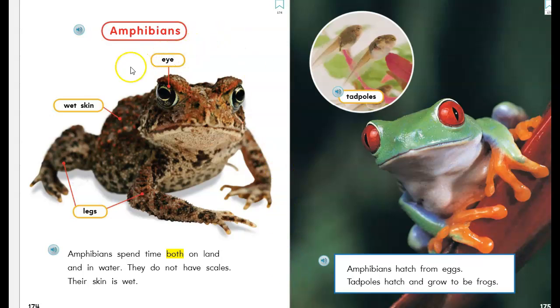Here we have some labels on the frog. We see eye, they have wet skin, and legs. Here we see tadpoles. What text evidence from the story helps us understand what tadpoles are?